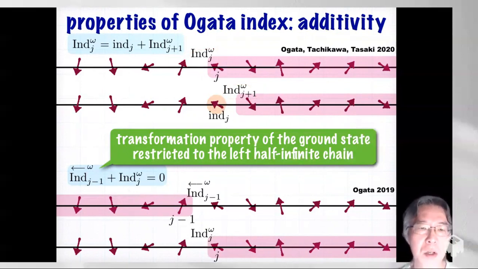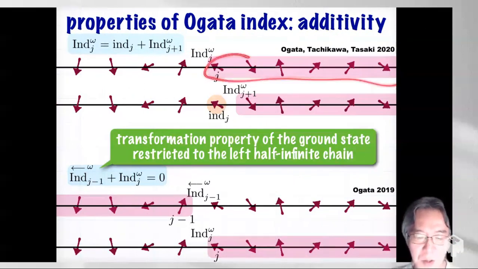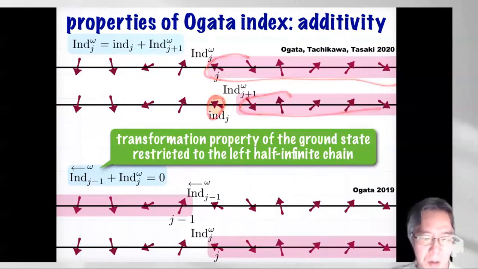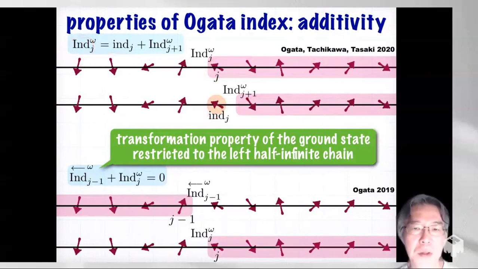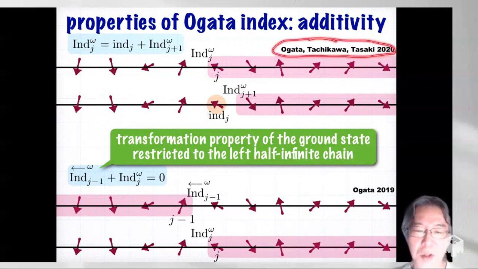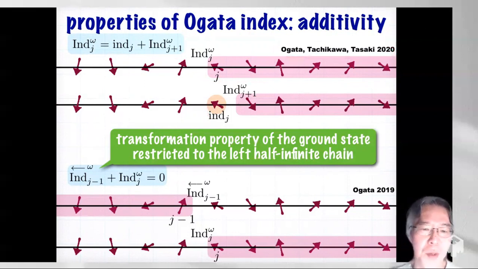So it's very natural that this additivity is valid, right? Because this can be divided into this and this, so this should be the sum of this and this. This is very much expected, but it is true. It was proved by Ogata, and the proof is actually written in our joint paper. But of course it was proved by Ogata.